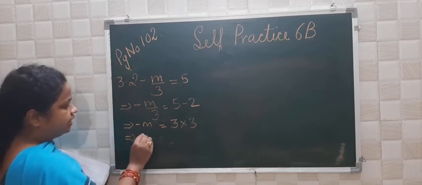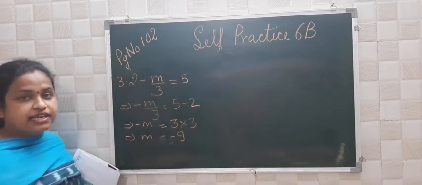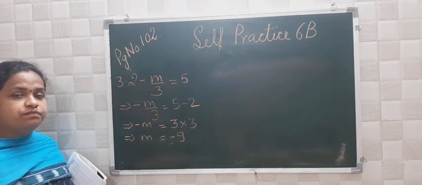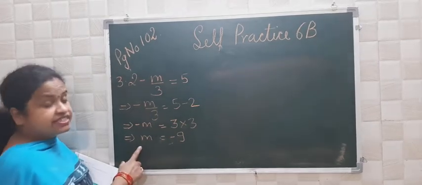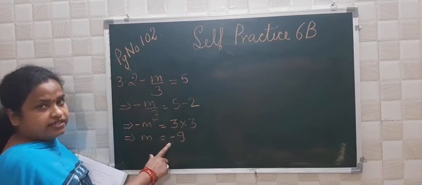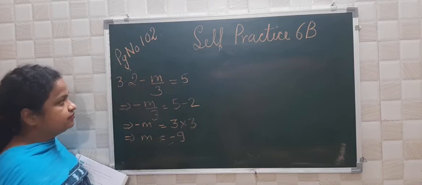So you will have n is equal to, we never keep a negative sign on the left hand side with the variable. When you have to find the value, you will never keep a negative sign with the variable. That's why I shifted this minus to the right hand side. So then n becomes minus 9.